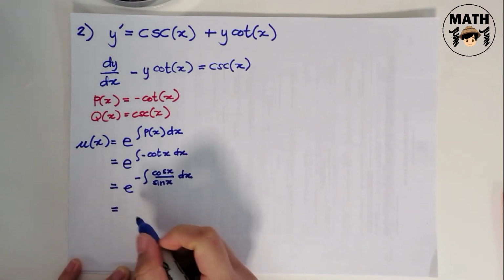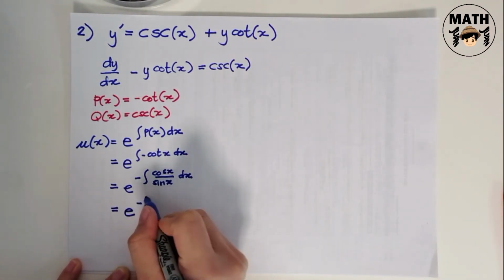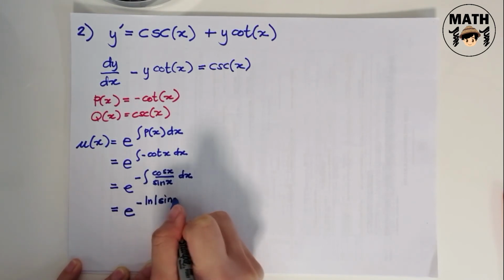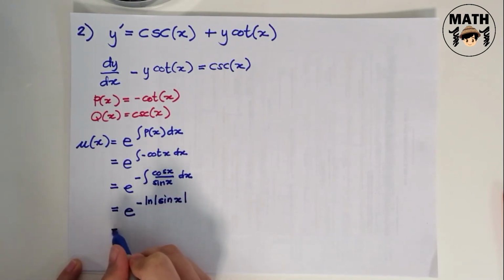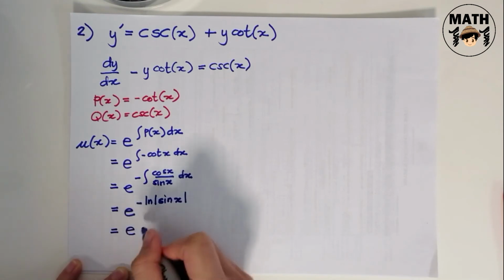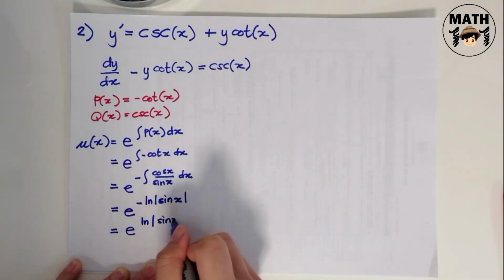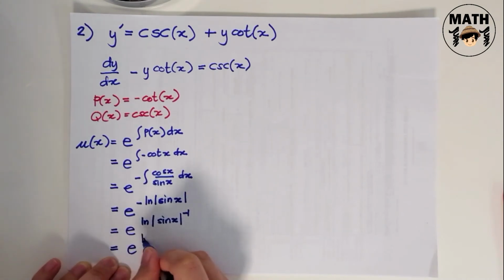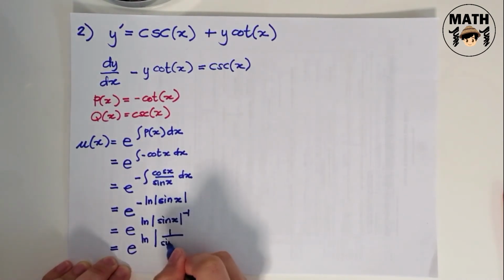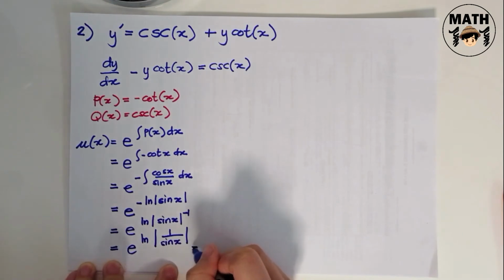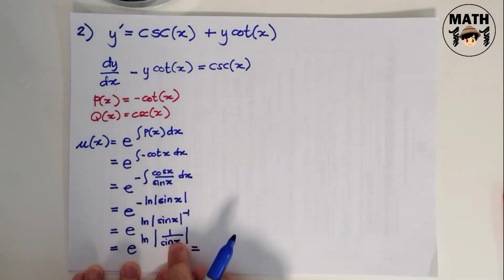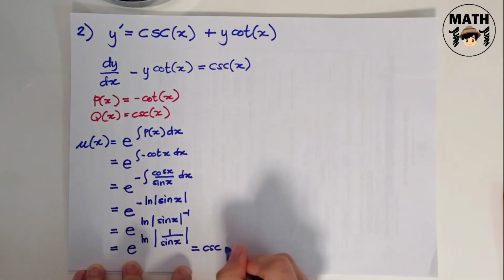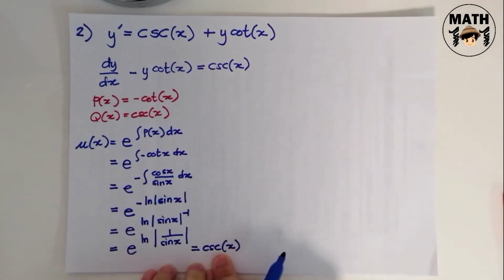Therefore, the integral of negative cotangent of x is negative ln of sine of x. Then by the logarithm rule, we can make negative 1 an exponent. This is also equal to e raised to ln of 1 over sine of x, or just 1 over sine of x, which is also equal to cosecant of x. So this is now our integrating factor.